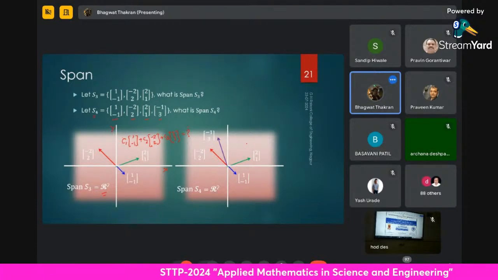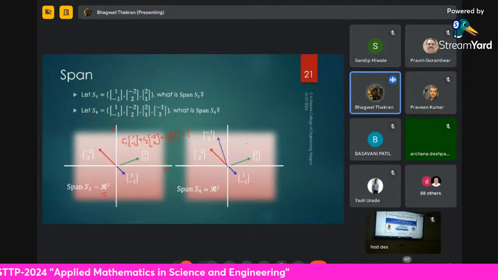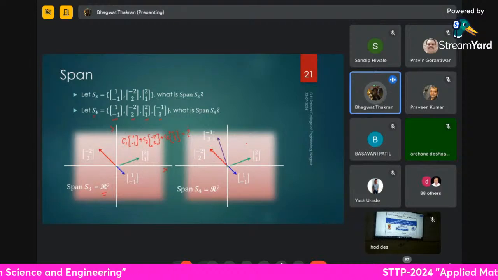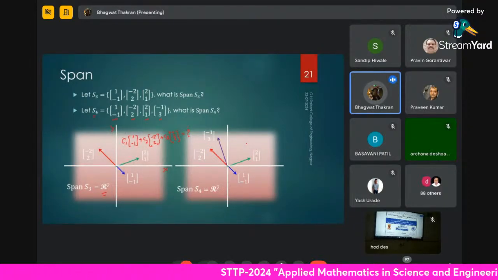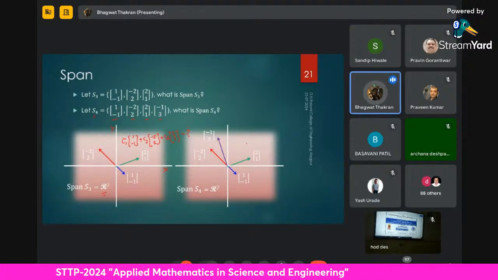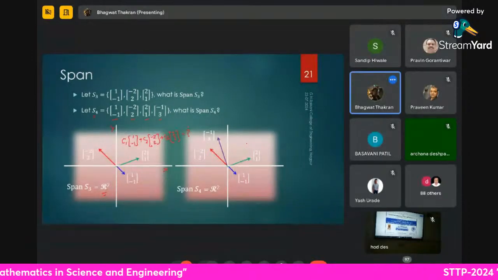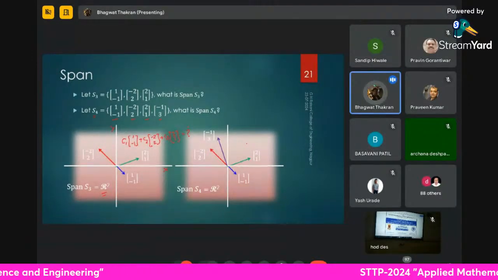Right? So this is the basic idea of span: having limited, finite vectors, if they can generate the whole space, then why worry about the whole space? We just need finite vectors and we can have the whole space. Right?